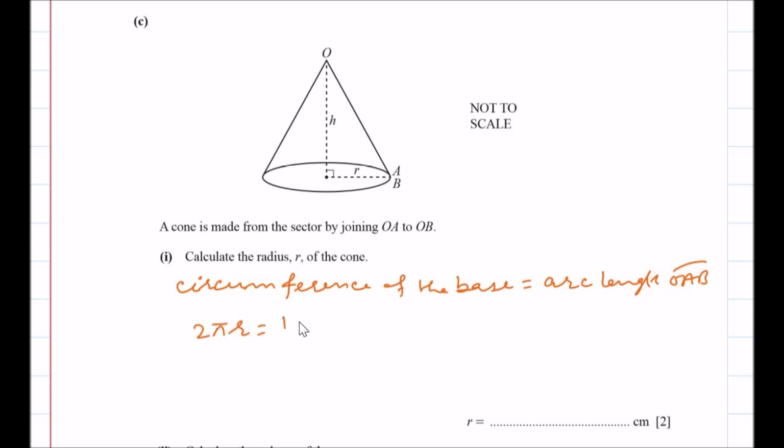arc length: angle divided by 360 into 2 pi into r, where r is 8 for the sector.